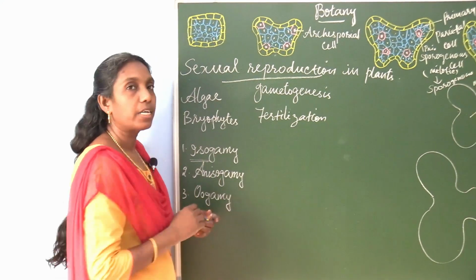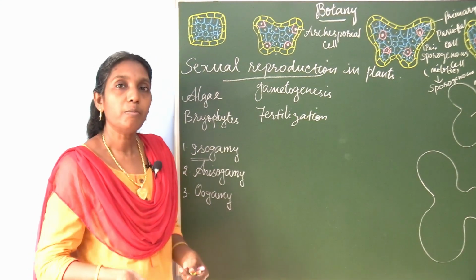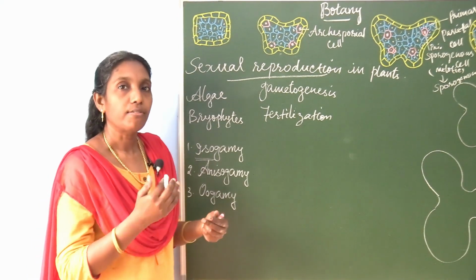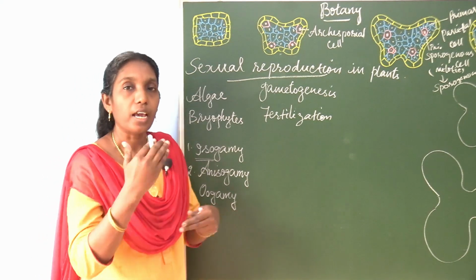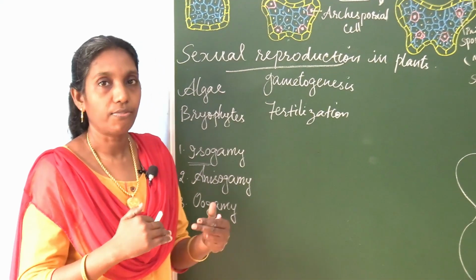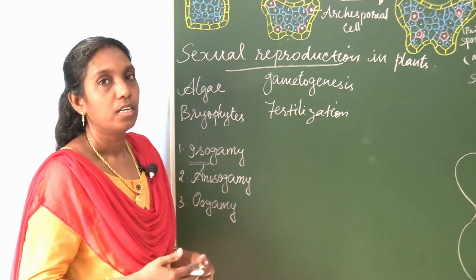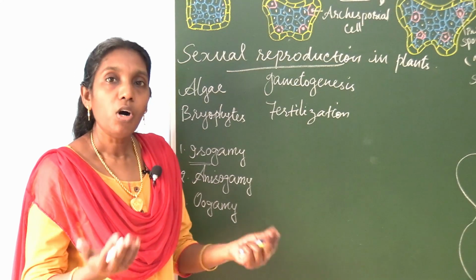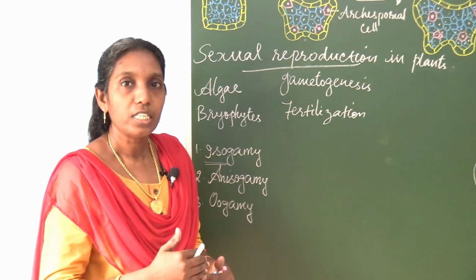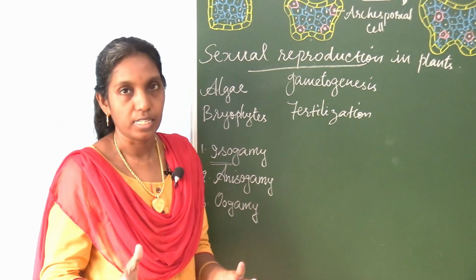Then anisogamy. In anisogamy, the gametes are either morphologically or physiologically dissimilar. Then another type is oogamy. Both morphologically and physiologically the gametes are dissimilar.